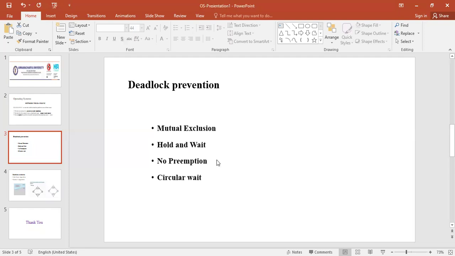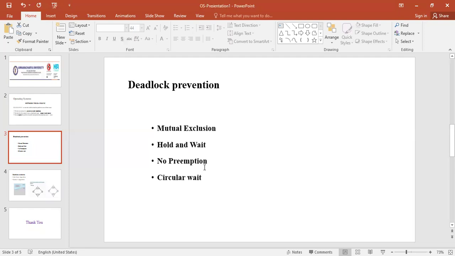The remaining three will be helpful to avoid entering the deadlock state. The first one is not possible to prevent the deadlock state. The remaining three satisfy the deadlock conditions, so through the deadlock handling methods, it will be solved.